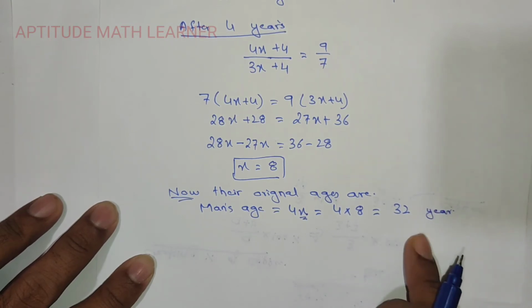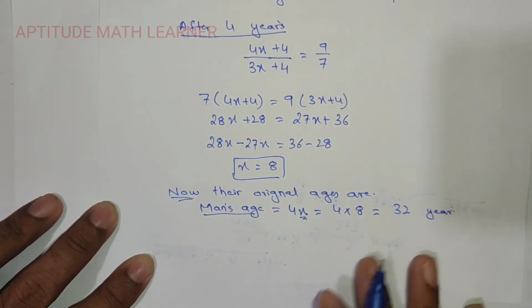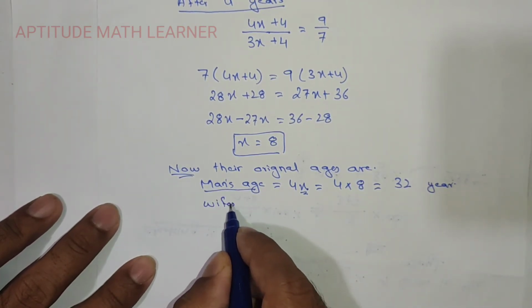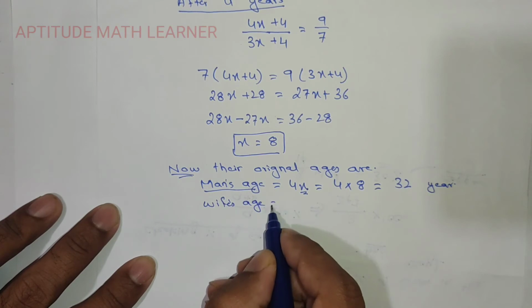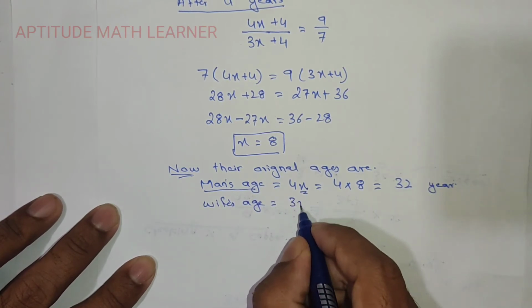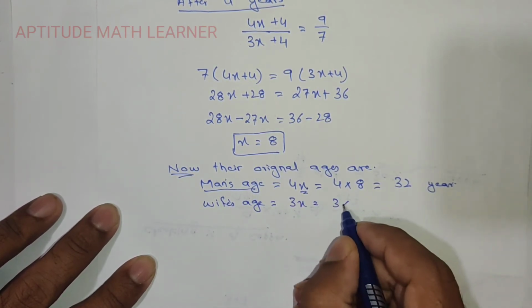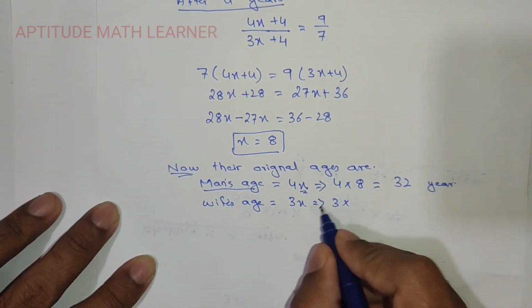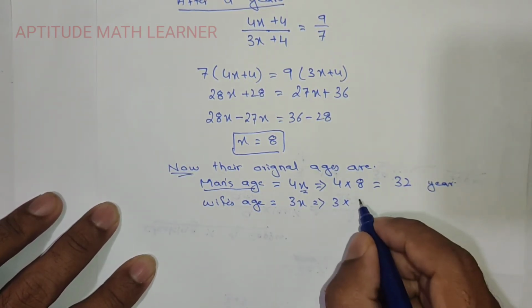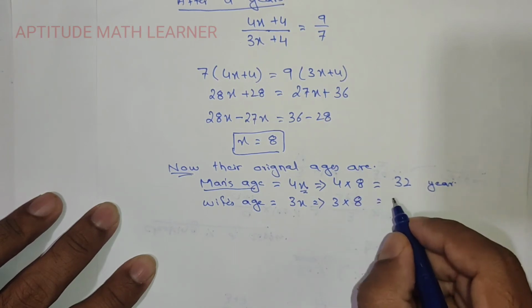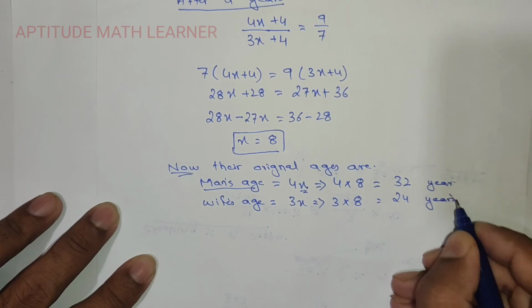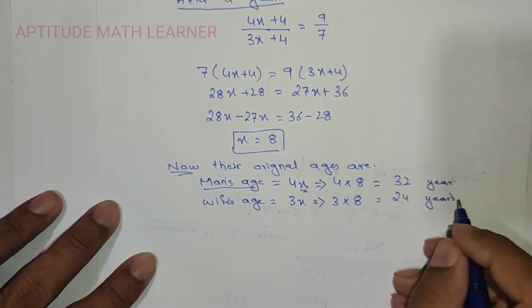So 32 years is the age of the man. And the wife's age, 3x, is equal to 3 multiplied by 8, and it becomes 24 years. So hope till here you have understood it.